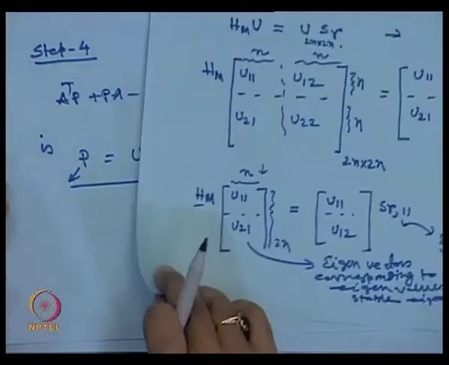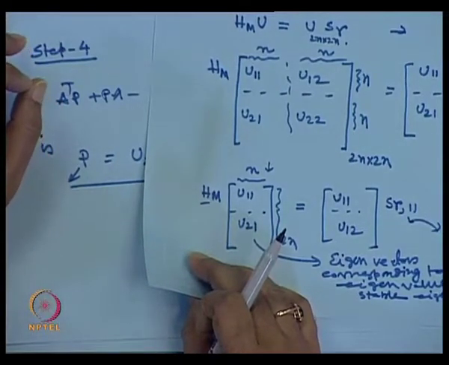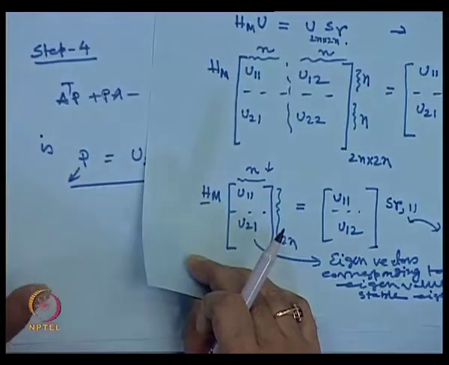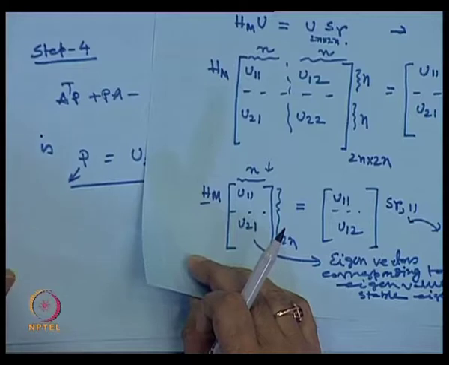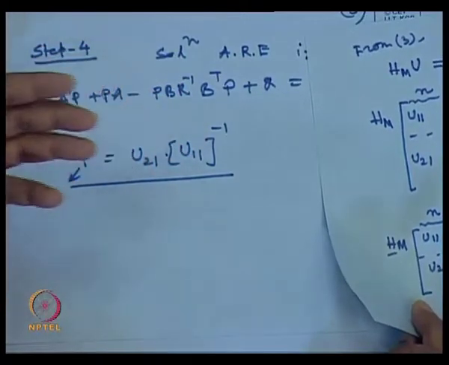That is what is done in step 3: we have evaluated the eigenvectors of the matrix H m corresponding to the stable eigenvalues by QR decomposition techniques, which is numerically more reliable than our earlier simple eigenvalue eigenvector methods. So, we have used different techniques to find the eigenvectors of the H m matrix corresponding to stable eigenvalues. A numerically reliable algorithm we have used.